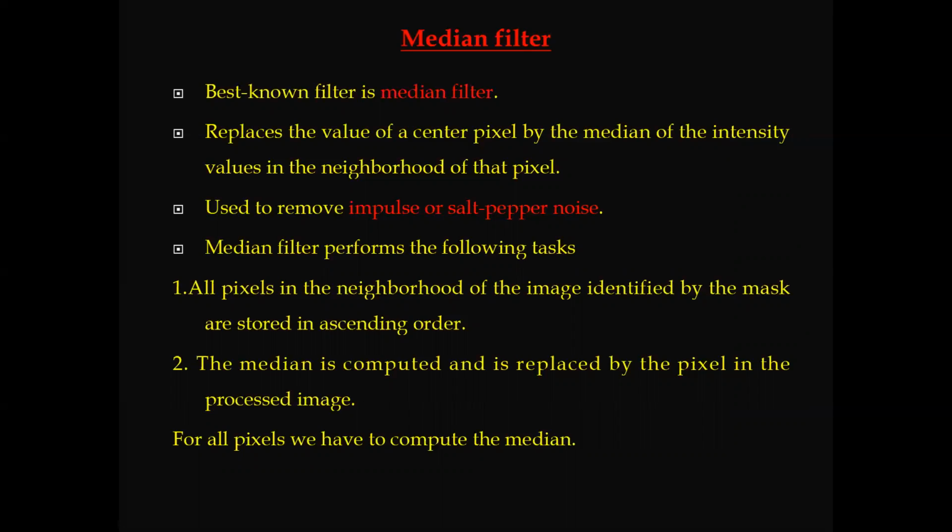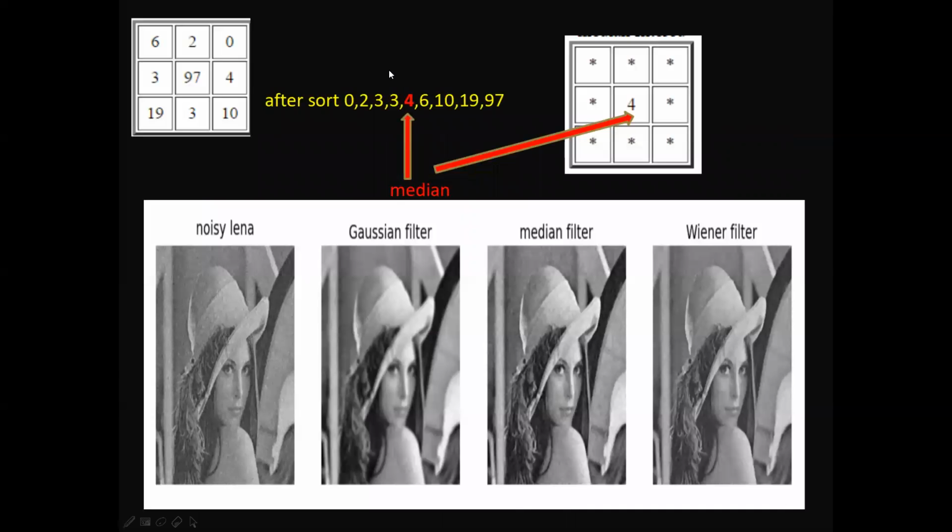The median filter performs the following task. First, all pixels in the neighborhood of the image identified by the mask are stored in ascending order, and then the median is computed and replaces the pixel in the processed image. For all pixels, we have to compute the median. You can see here, this is the input image given, and the pixel values are 6, 2, 0, 3, 97, 4, 19, 3, 10.